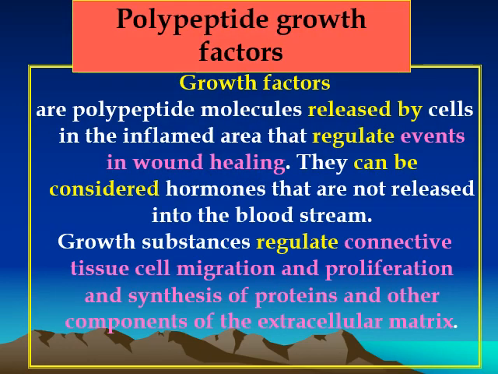polypeptide growth factors. Growth factors are polypeptide molecules released by cells in the inflamed area that regulate events in wound healing. They can be considered hormones that are not released into the bloodstream. Growth substances regulate connective tissue cell migration and proliferation and synthesis of proteins and other components of the extracellular matrix.